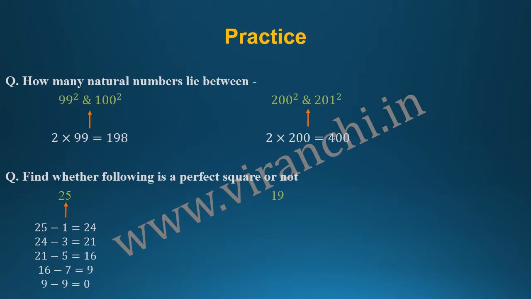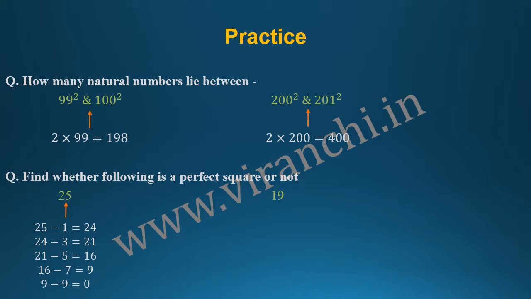And if I subtract the next odd number 9 from this difference, which is itself 9, I have 0 as the difference. Getting 0 as the difference means that 25 is the sum of 1, 3, 5, 7 and 9, that is, the first 5 odd numbers. And if 25 is the sum of the first 5 odd numbers, then it is a perfect square.